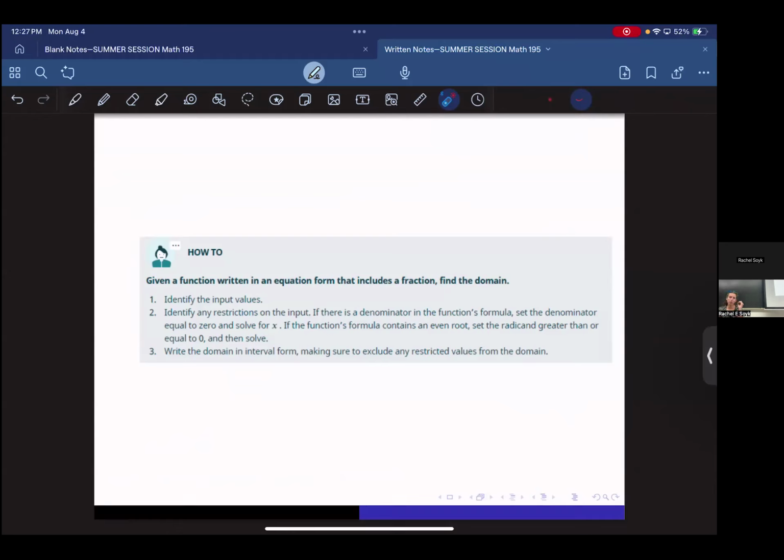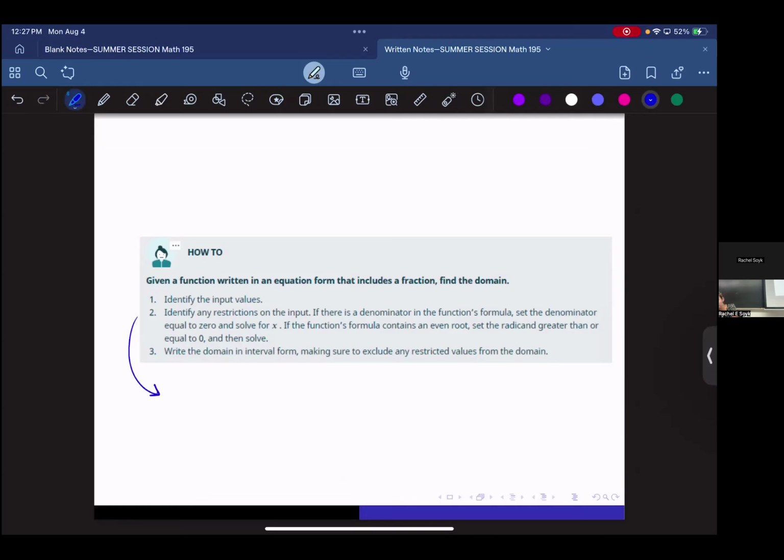Why can't 0 be in the denominator? Yeah, exactly. It would make the fraction undefined. And we don't want undefined values a part of our domain. So that's what this is formally saying.